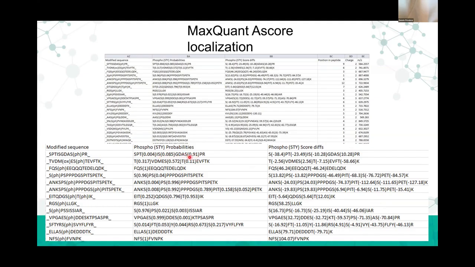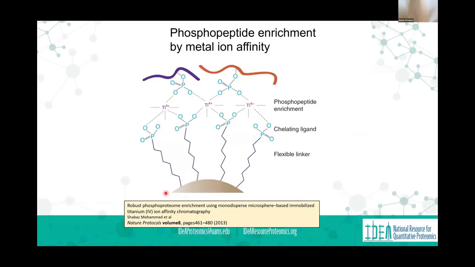A 91% chance that it's that serine, I feel pretty good about that. And then multiple cases where, in this example, there's a 99% chance that it's that serine. So the numbers definitely do help in the confidence of the localization.